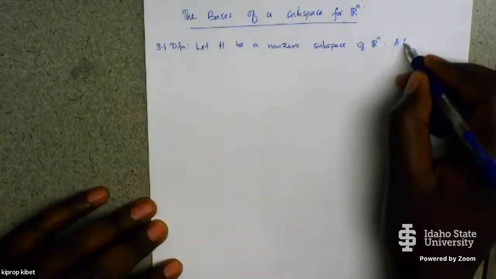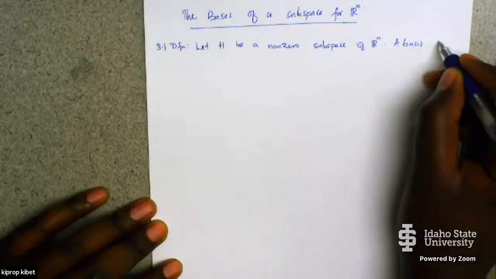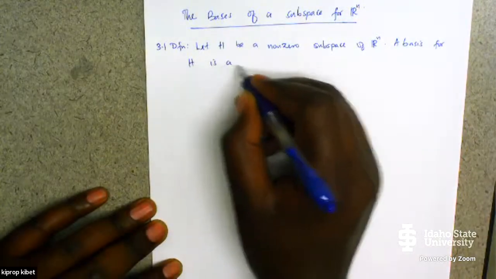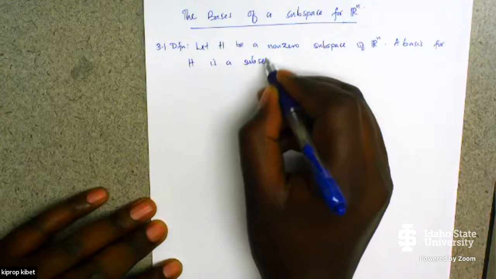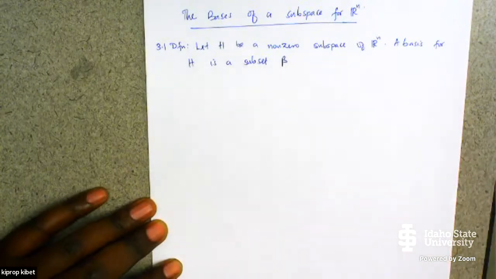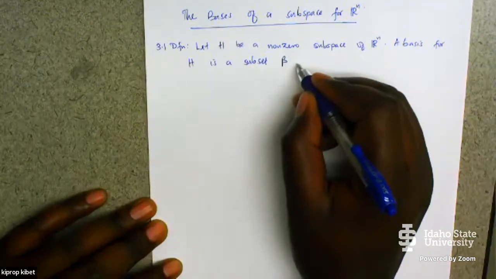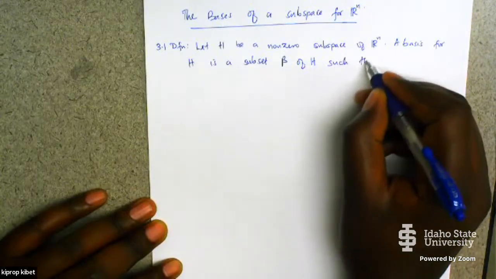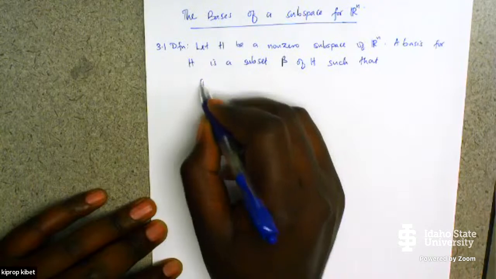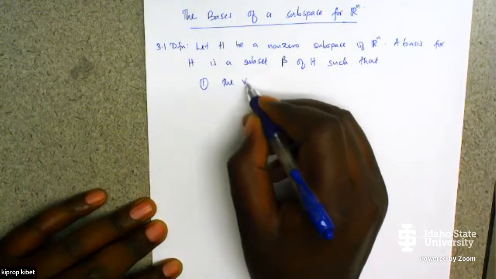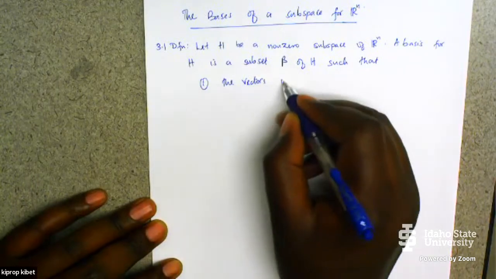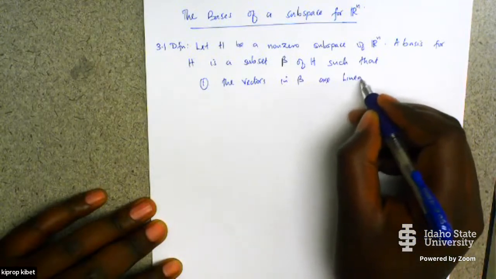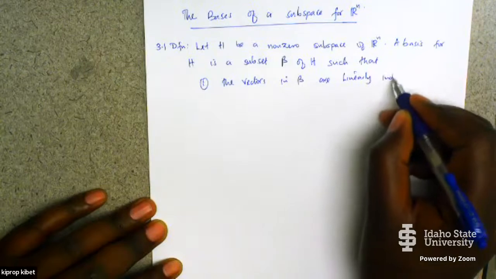Then a basis for H is a subset, which we can name B, a subset of H, such that number one, the vectors in B are linearly independent.